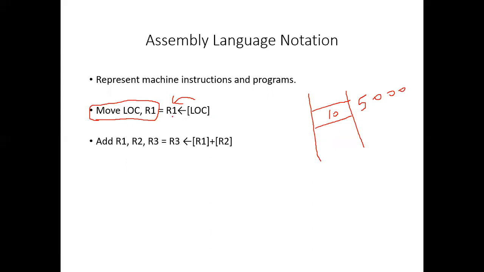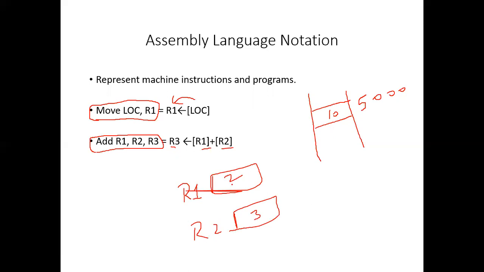Whereas this statement, add R1, R2, R3, means add the contents of R1 and R2 and store the result in R3. R1 and R2 are symbolic names, but these symbolic names refer to the registers. So if R1 contains 2 and R2 contains 3, it will add 2 plus 3, and that result will be stored in R3.